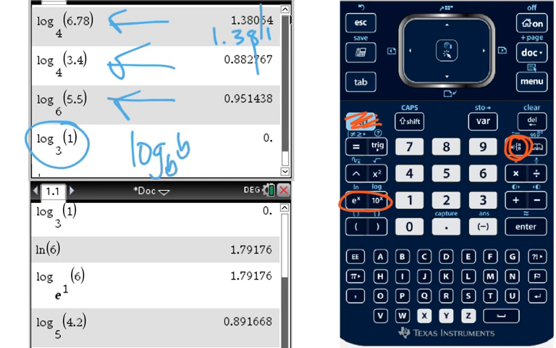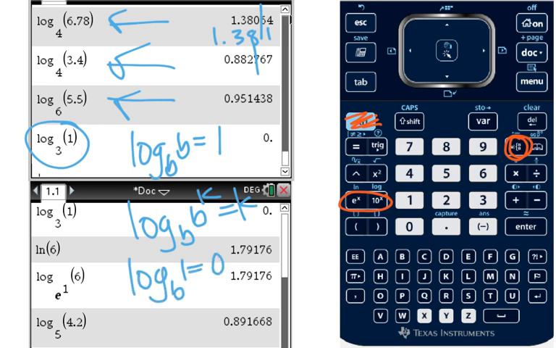Log base b of b equals 1. Log base b of b to the k equals k. And log base b of 1 equals 0. So that one, you should have been able to look at that one and know its answer would be 0, but if you weren't sure, you could type it into the calculator.